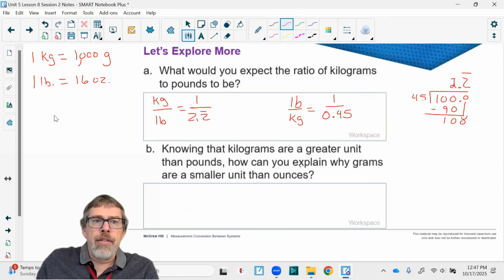So if I divide pounds by 16, I get 1 ounce.